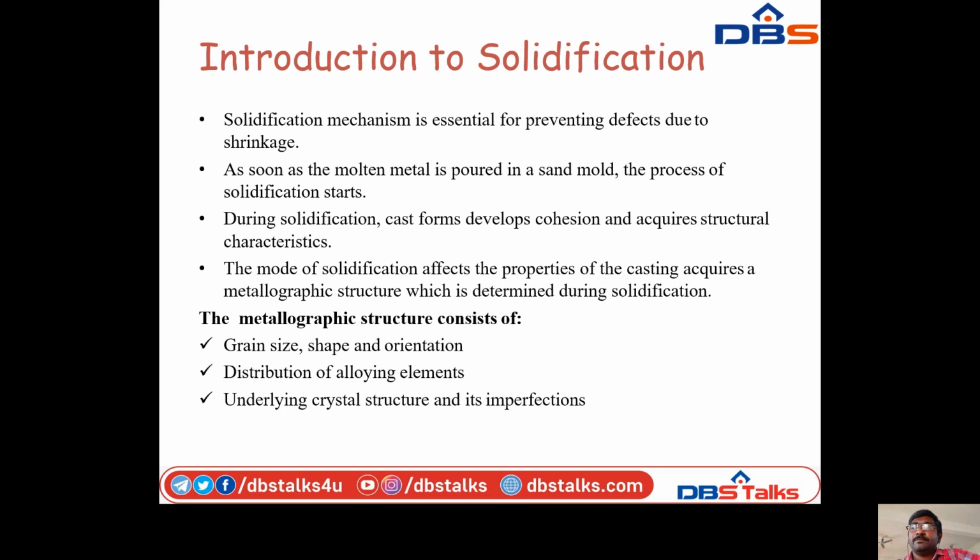It acquires a metallographic structure which is determined during solidification. The metallographic structure consists of grain size, shape and orientation, distribution of alloying elements, underlying crystal structures and its imperfections.